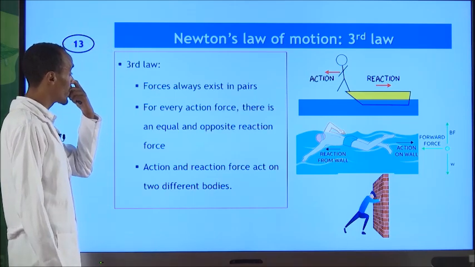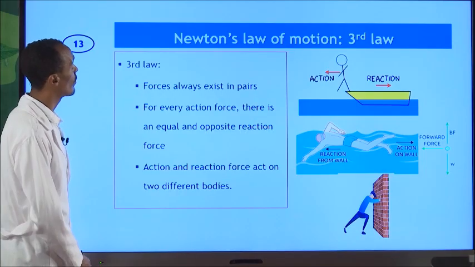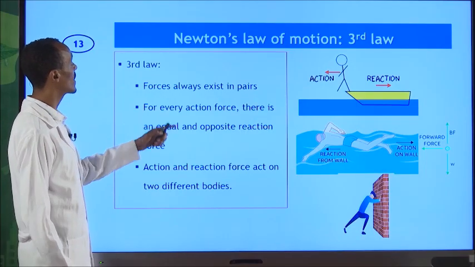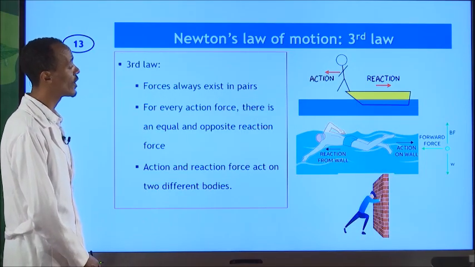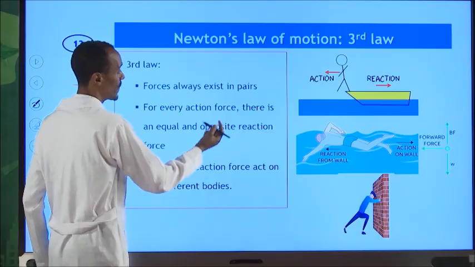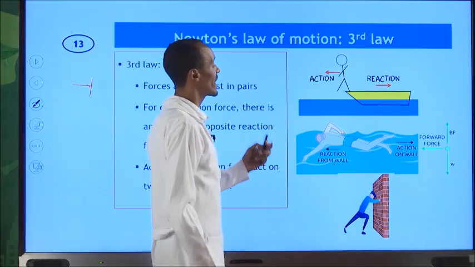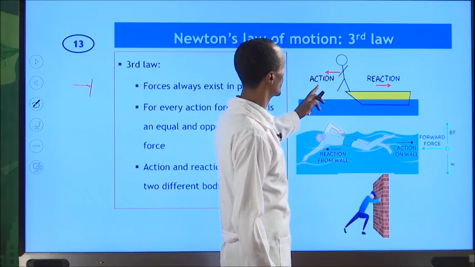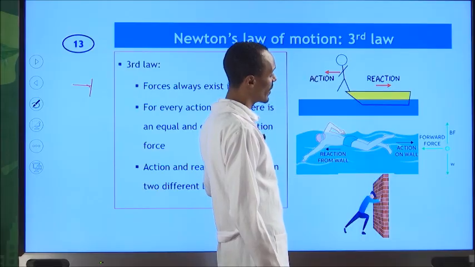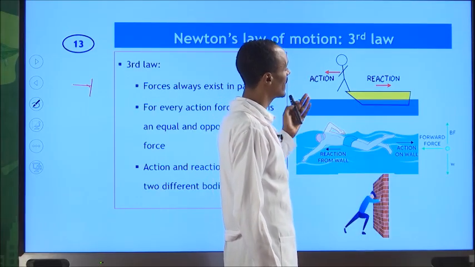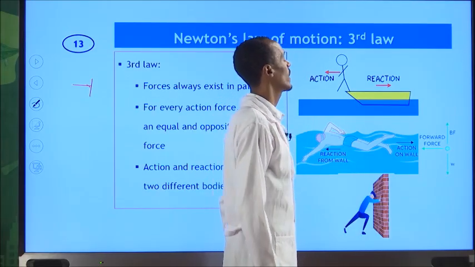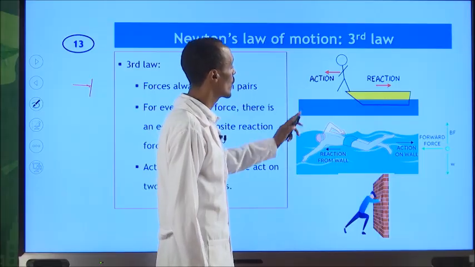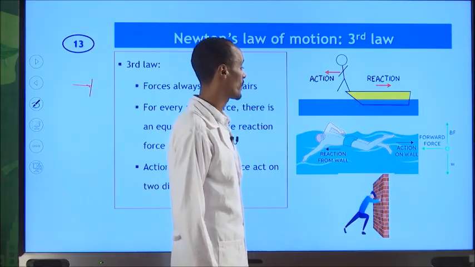When we summarize Newton's third law of motion, it says that forces always exist in pairs. That means for every action force there is an equal and opposite reaction force. Here we have the action force moving forward, and the reaction force in the opposite direction. We have two forces here.